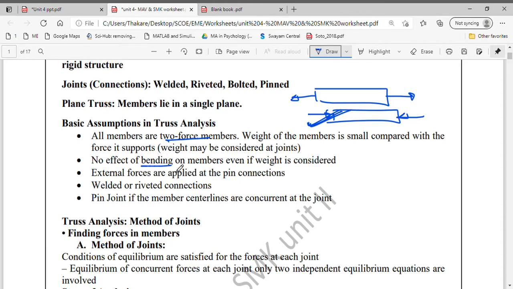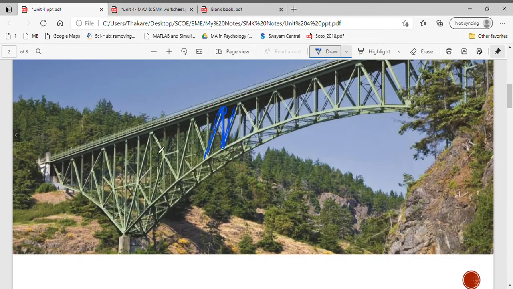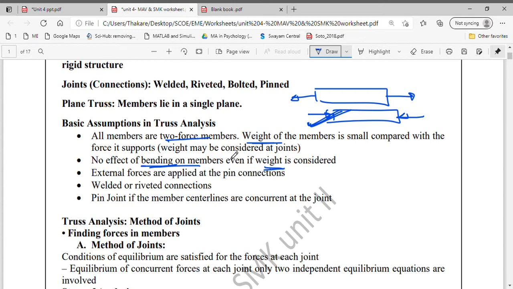No effect of bending is considered, even if the weight is considered. The weight is actually very small. The weight of each and every single member, as compared to the weight of the entire truss, is very small, and that is why the weight of an individual member is not considered.